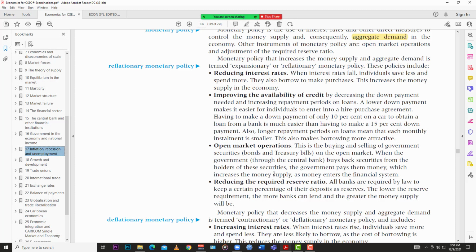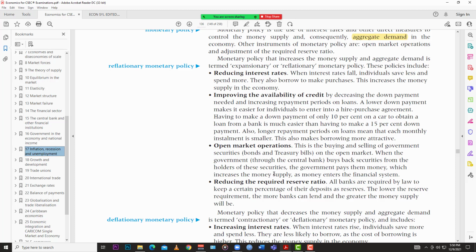Then we have the last one, as we said before, reducing the reserve requirement ratio. So remember we said that the commercial banks are controlled by the central bank. And one way they are controlled by the central bank is when the central bank insists on how much money each commercial bank should retain, should hold back in reserve.